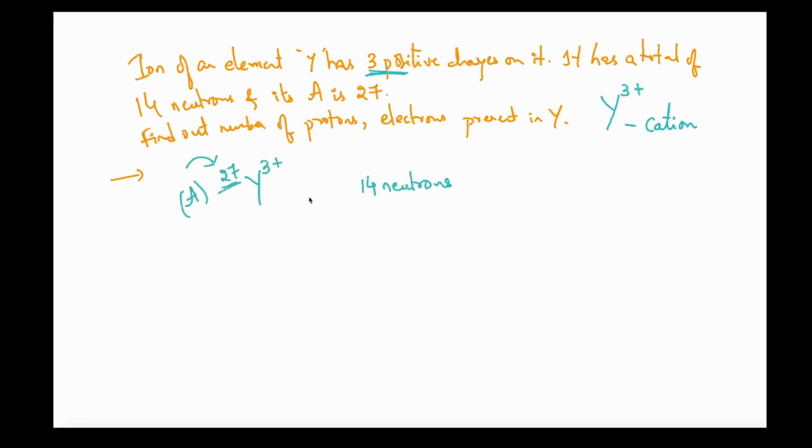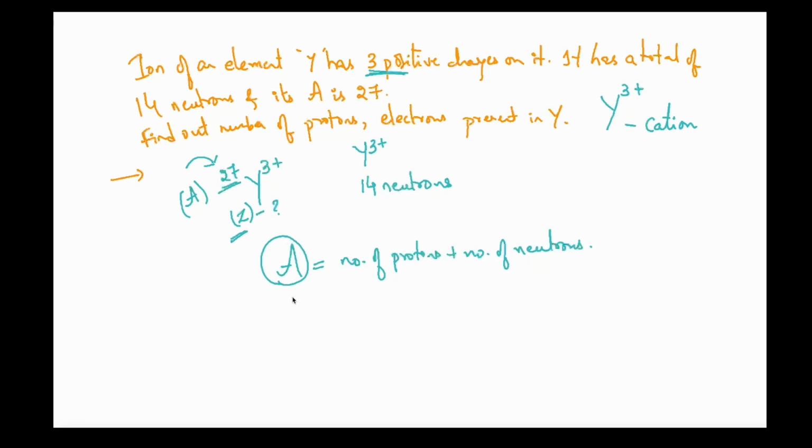Now they're asking us to find the total number of protons, which is always equal to the atomic number, and the electrons present in this ion, which is Y3 plus. Mass number, designated A, is equal to the total number of protons plus total number of neutrons.